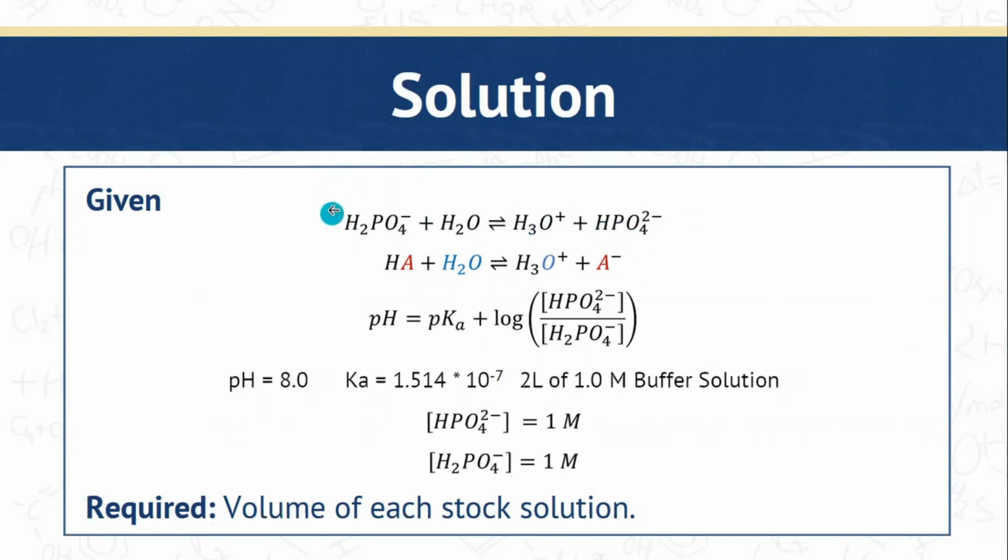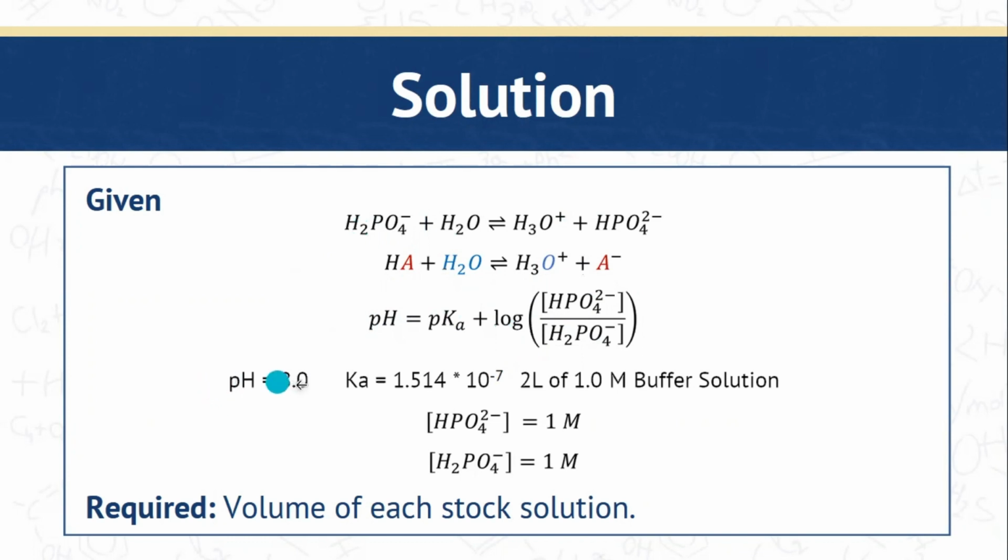Notice here that the dihydrogen phosphate gives off a proton to form its conjugate base, and the water receives the proton to form hydronium. So we'll be using this form of the Henderson-Hasselbalch equation. pH is equal to pKa plus the log of the concentration of the hydrogen phosphate, which is the conjugate base, divided by the dihydrogen phosphate, which is the acid.